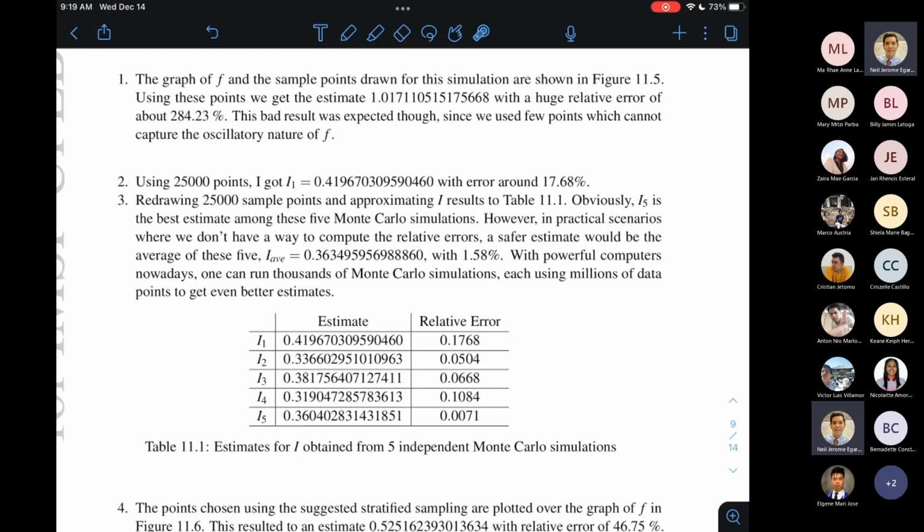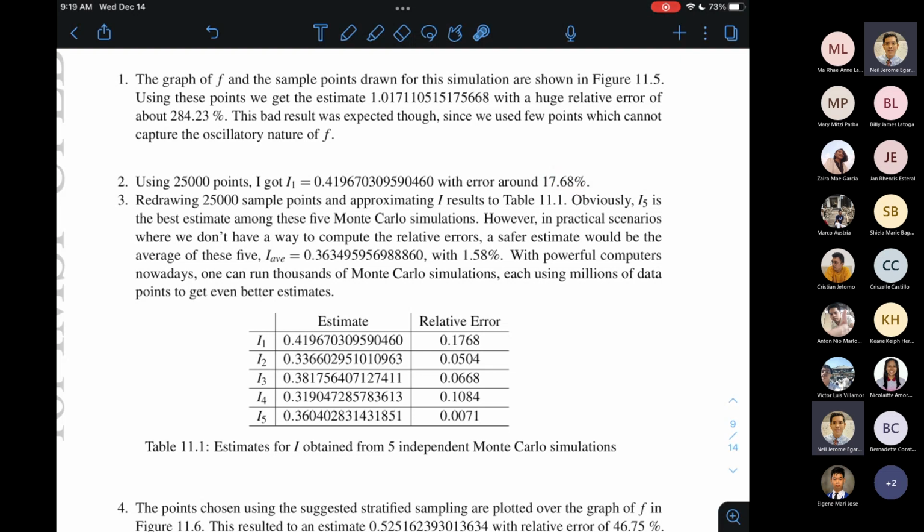Alright? Kasi nga, gumaganda lamang yung convergence ng Monte Carlo kapag ka either marami ka ng points na ginagamit or nasa mataas ka na dimension. So kahit tinaasan na natin yung number of points, medyo mabagal pa rin yung pagko-converge niya to the true answer. So nasa 17.68% pa lang tayo.